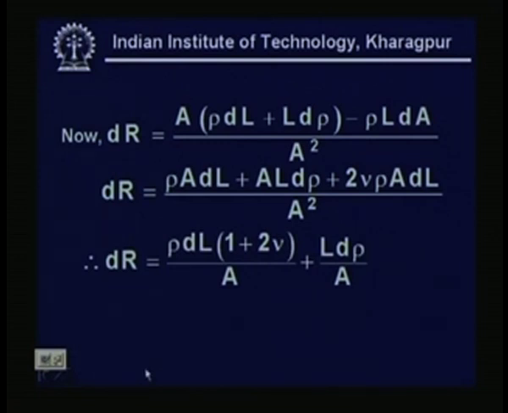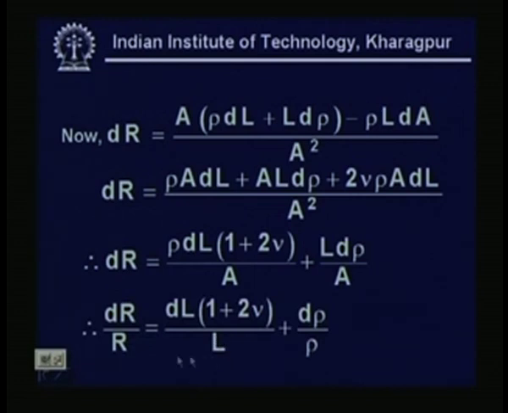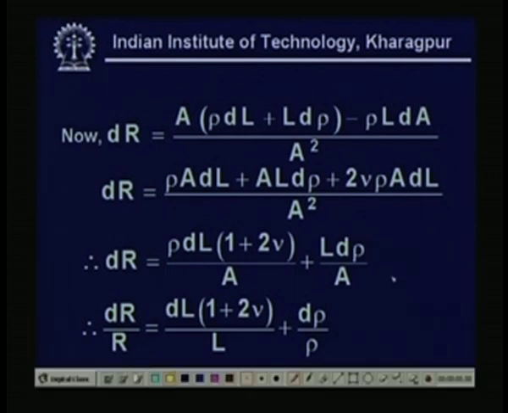So, I will get the equation for the change of resistance: dR equal to rho dL, where rho is the resistivity of the material of the strain gauge, multiplied by (1 plus 2 nu), where nu is the Poisson's ratio, divided by A, plus L d rho by A. It can be further simplified because we know that R equal to rho L by A, and we have applied this here.